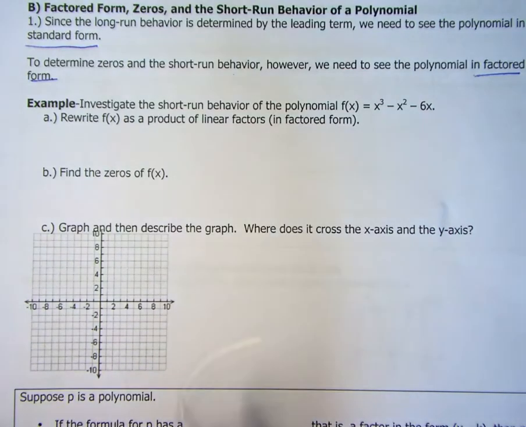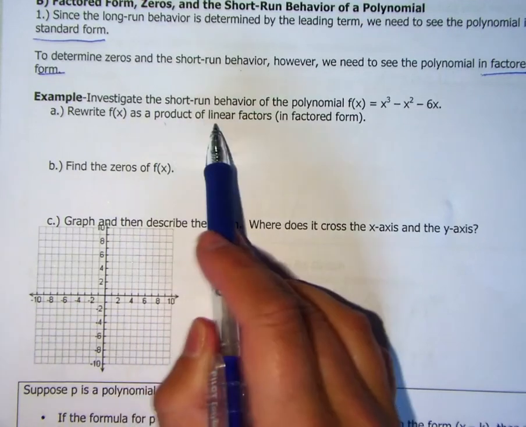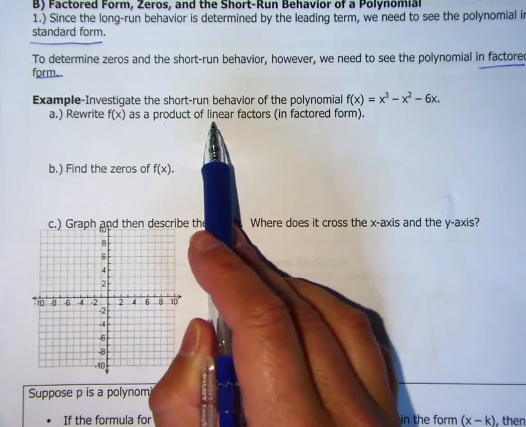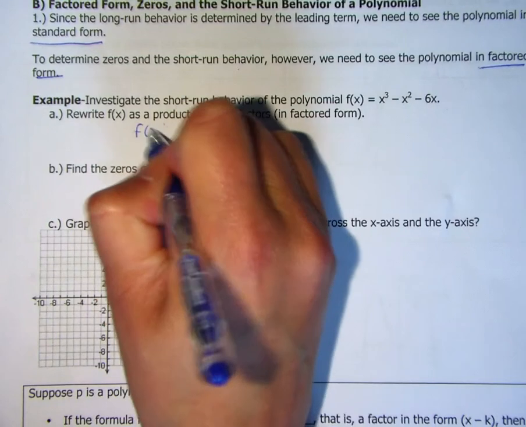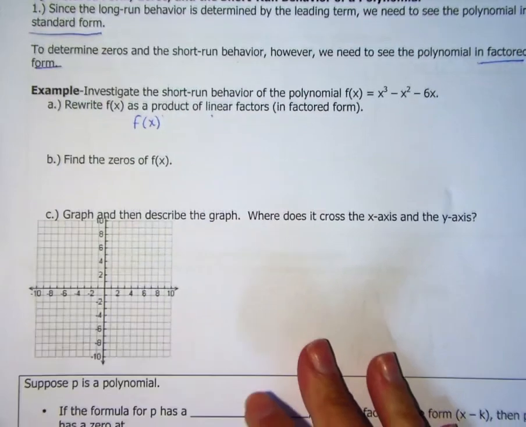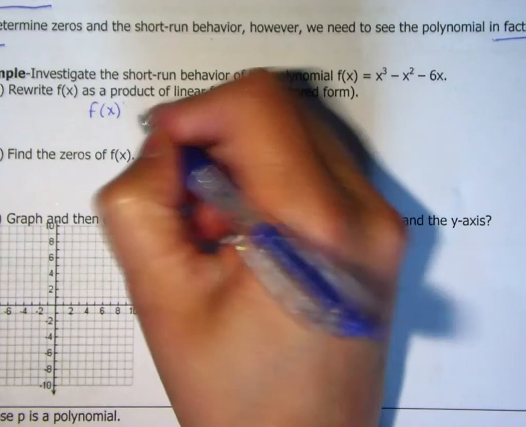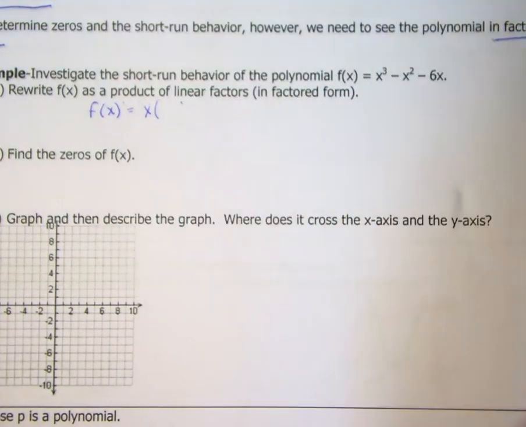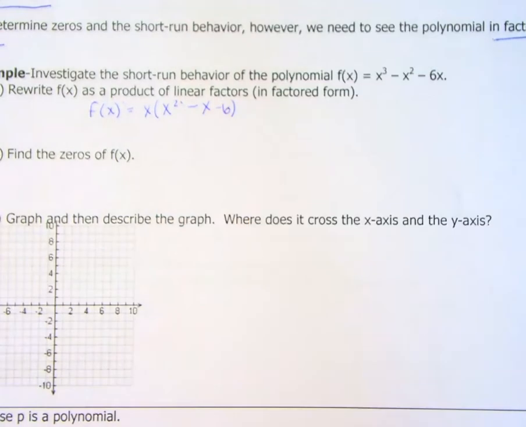So part A says to rewrite f of x as a product of linear factors. All that means is factor this out, all right? So what's the first thing that you guys see that we can do to factor that? Yeah, take out a GCF of x, so that leaves me with x squared minus x minus 6.